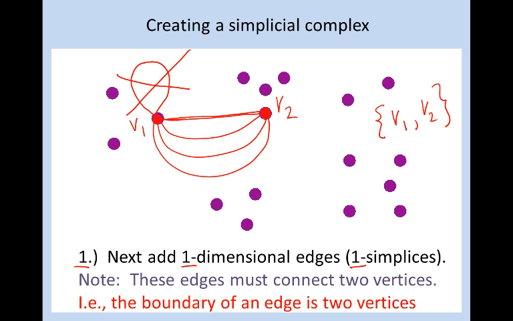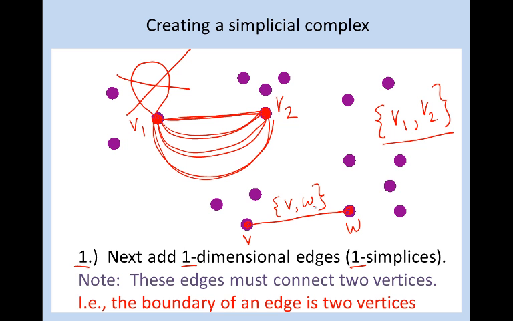But if I have multiple edges connecting V1 and V2, then this pair of vertices will not uniquely identify the edge. So if I have an edge, a vertex V and a vertex W, then I want to have exactly one edge between them, or at most one edge between them, so that I can then denote the edge using this pair of vertices.